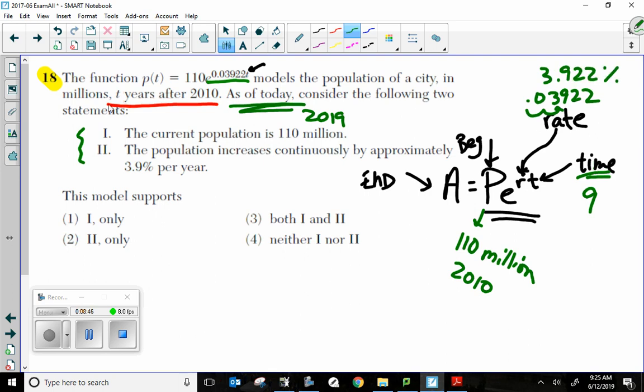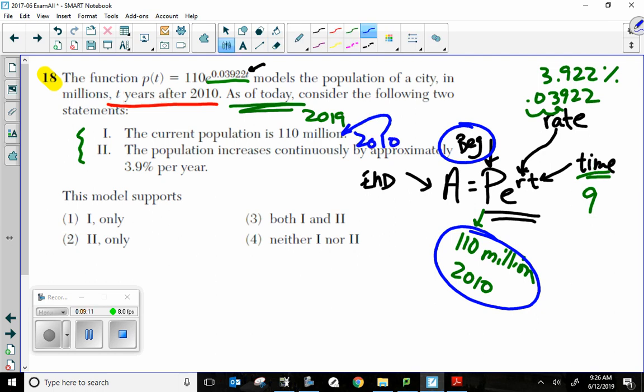The two choices here: the current population is 110 million. No, that is not true. That is the beginning. In 2010, my population is 110 million.